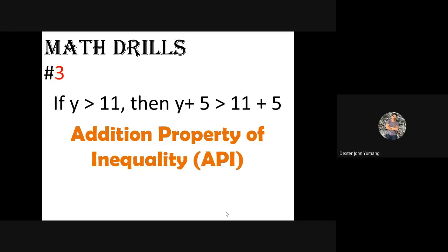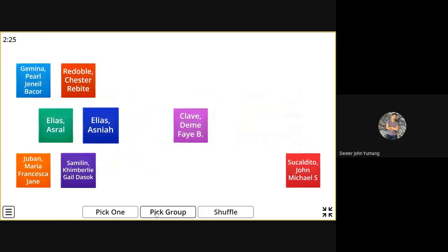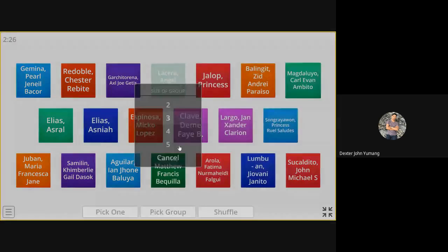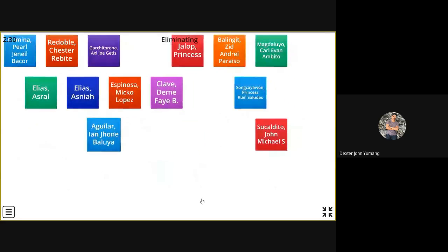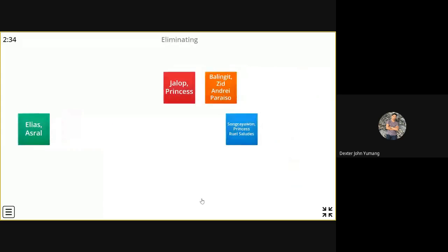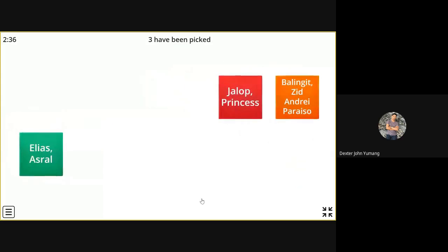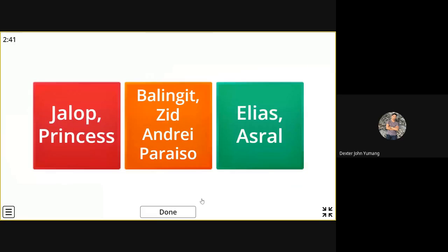Okay, next, we have the group of 3. Okay, Astral, Zid, and Princess. Astral, Zid, and Princess.